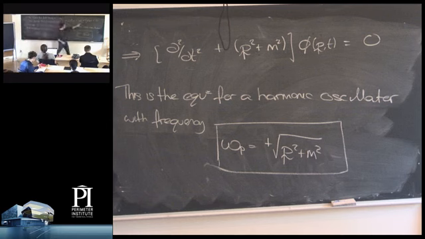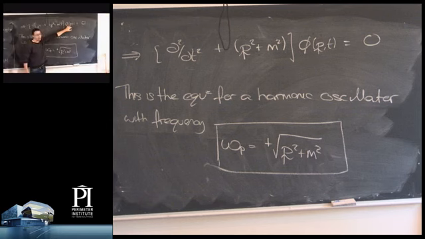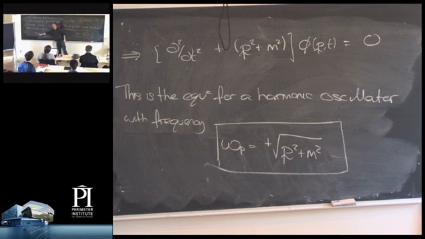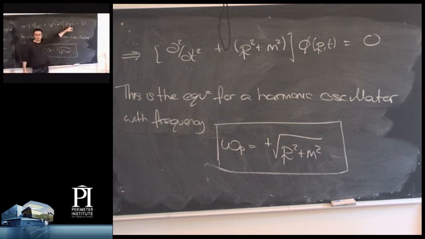The degrees of freedom which vary independently and don't couple to anything else are the Fourier modes phi of p. Each of these modes oscillates at some frequency given by this. You add them all together, and you get the general solution phi of x. This is what I meant earlier: from the infinite number of degrees of freedom, if we figure out what the right coordinates are, we see that they actually evolve independently. These are the right coordinates.